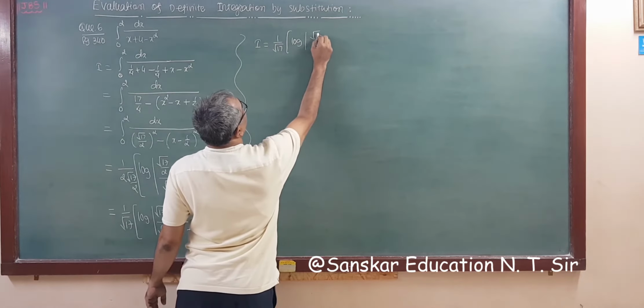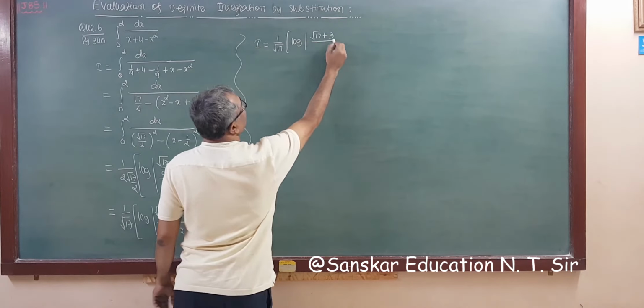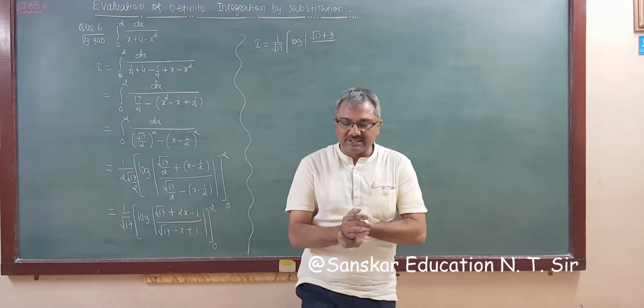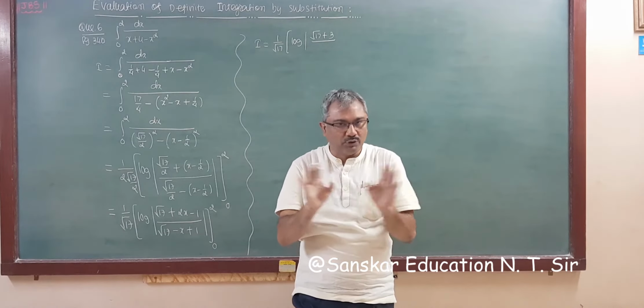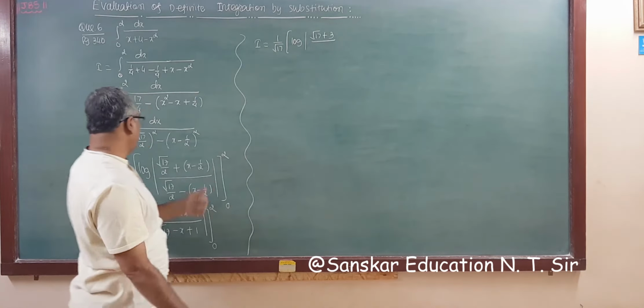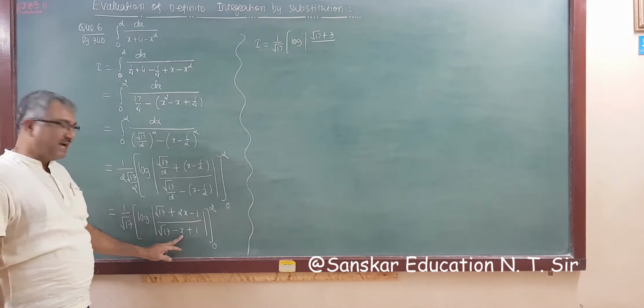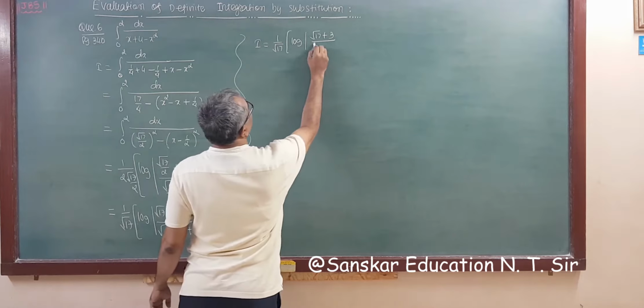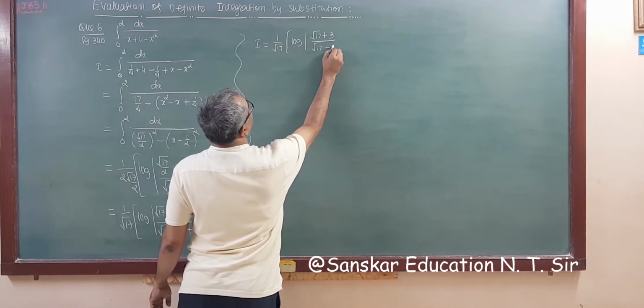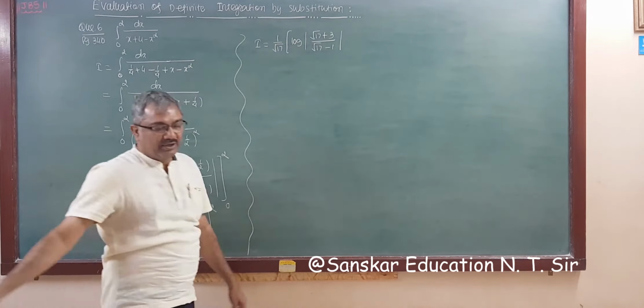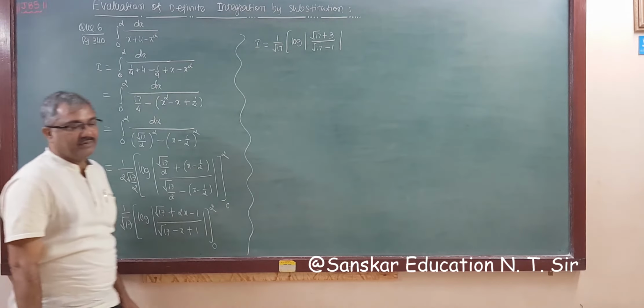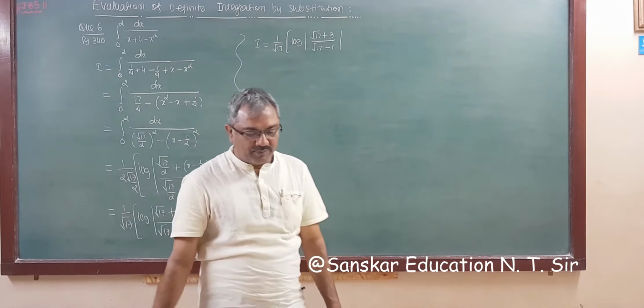Root 17 plus 3. Can I write it directly like this? Root 17 plus 3. Anybody has a problem? No problem at all? Fine. Upon 2 root 17 plus 1 minus 2 is minus 1, so root 17 minus 1. Any problem?